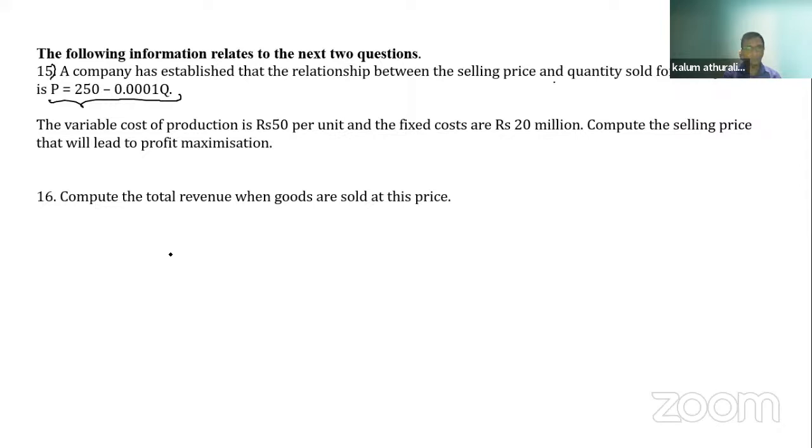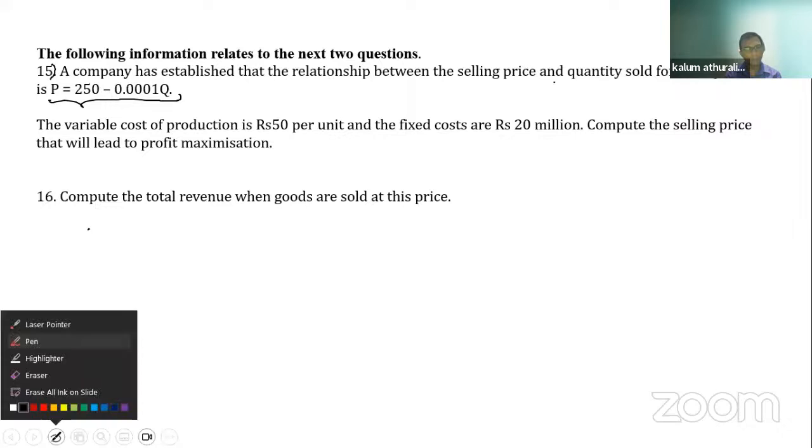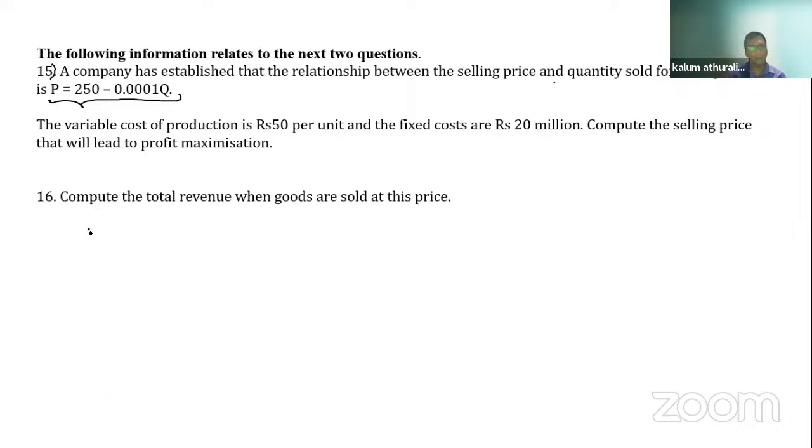Now, how to get the maximum profit? First, identify the TR and TC. First you find the TR, the total revenue function.